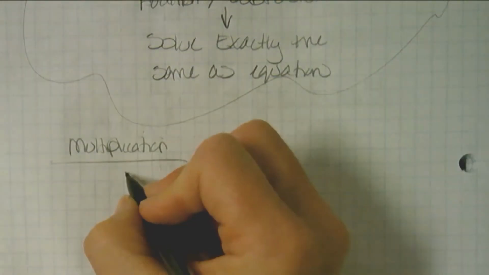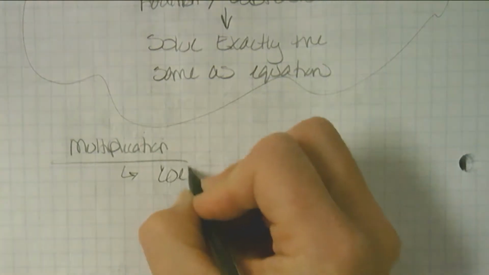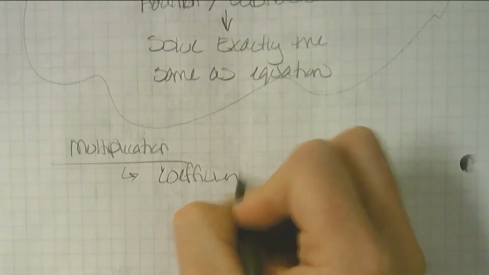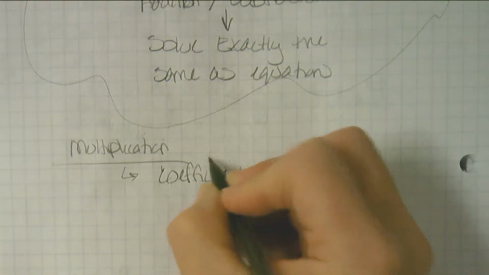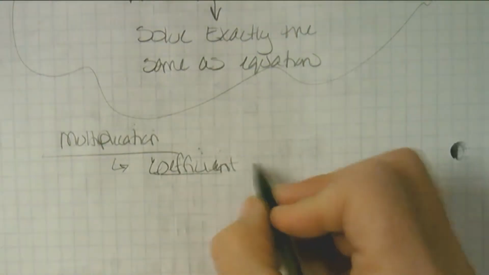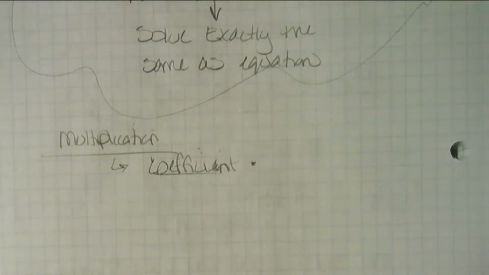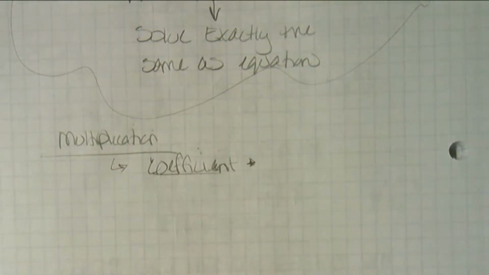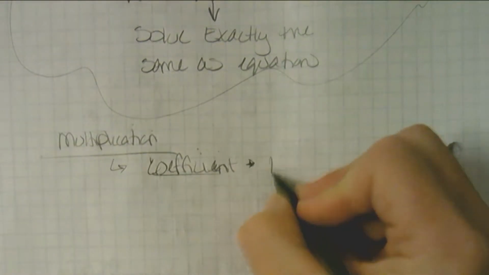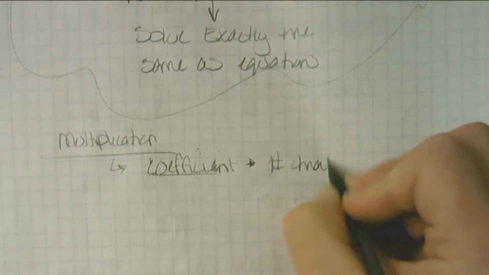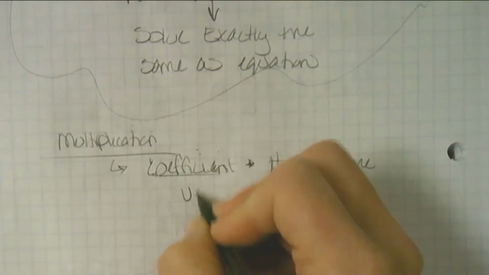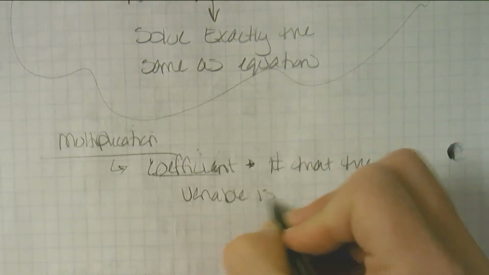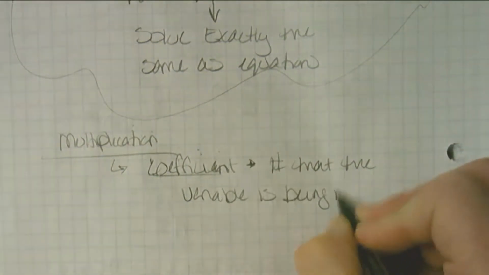What does the word coefficient mean? You guys have to know this. What's a coefficient? Brendan? The number that's multiplied by. Excellent. Yep. This is the number that the variable is being multiplied by.